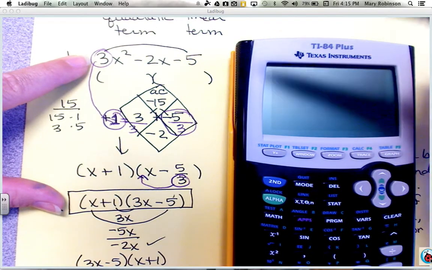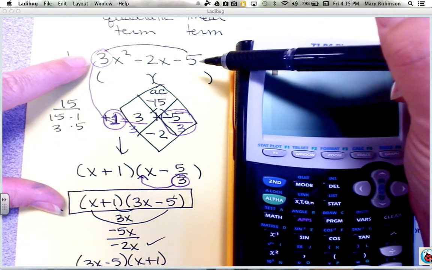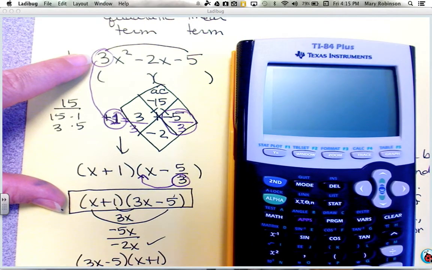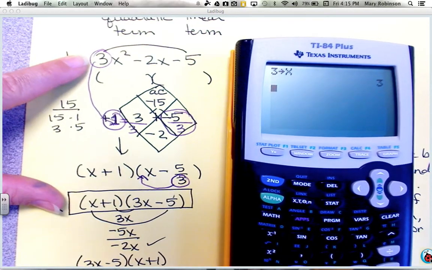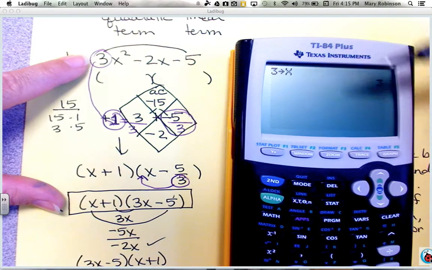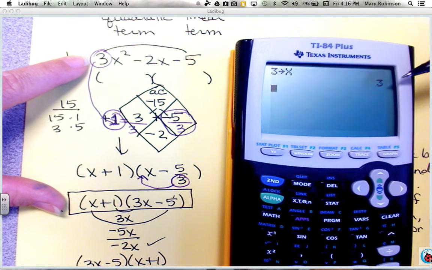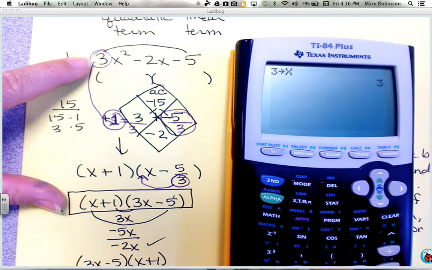To be honest, all we're trying to do is check to see if our original expression is equivalent with our factored expression. So I'll just say we'll store our 3 as an x. Store 3, why not? So what this means is that every time the calculator sees x on this home screen, that it will substitute the value of 3 and simplify the expression.